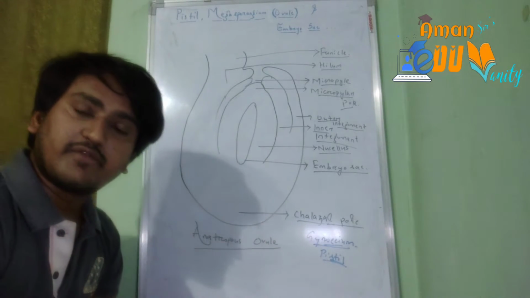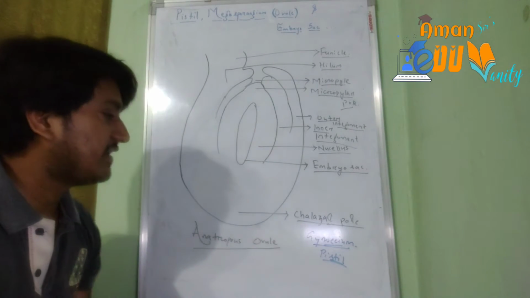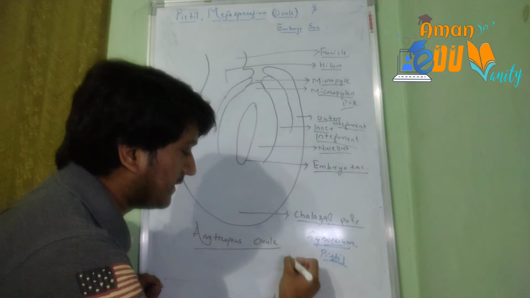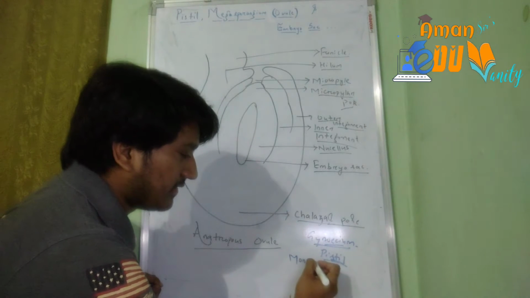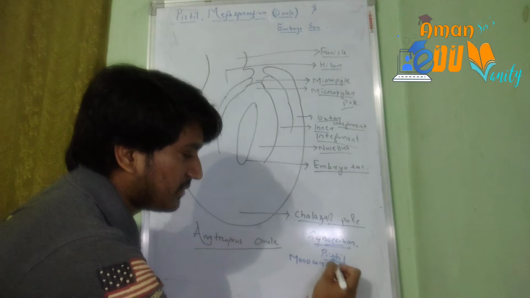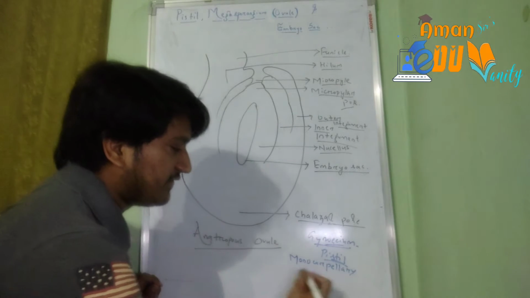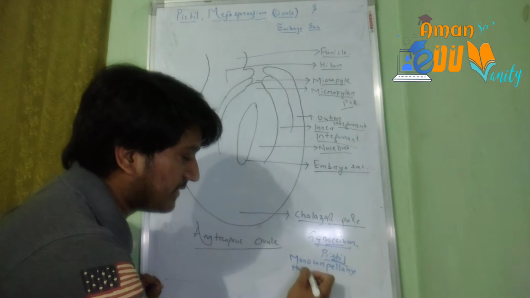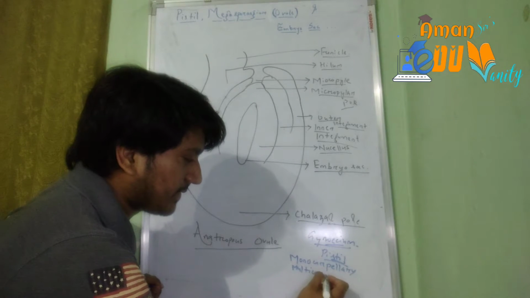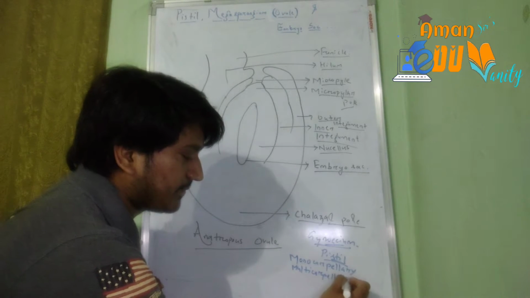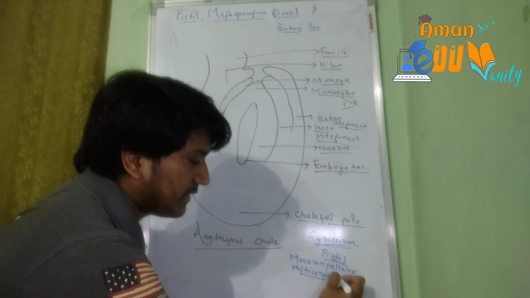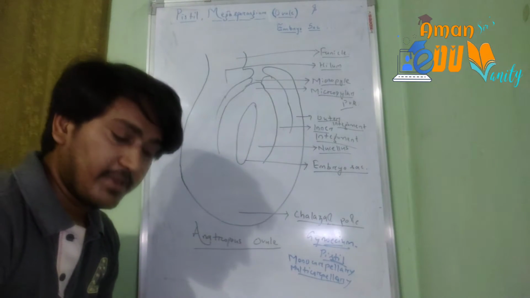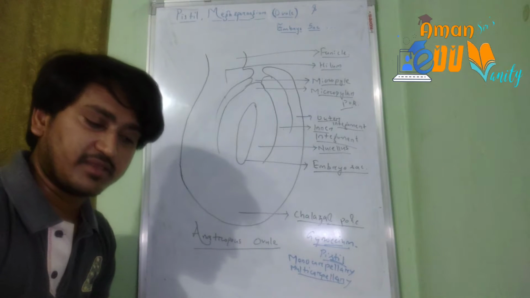If there is only one pistil, then the flower is called monocarpellary, and if there is more than one pistil, then it is called multicarpellary, based on the number of pistils present in them.